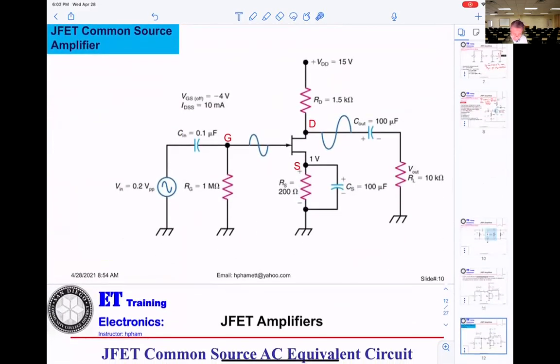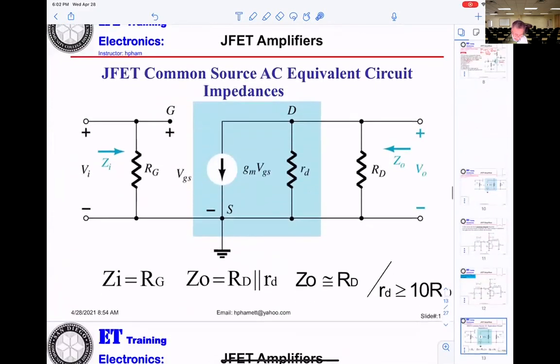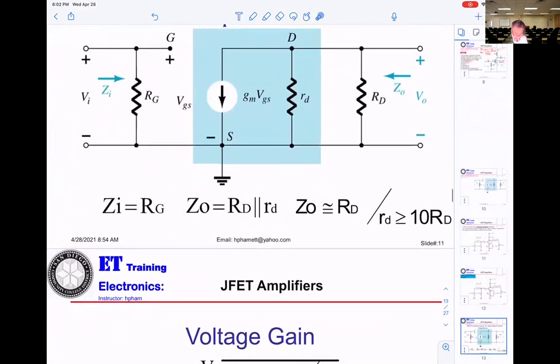Okay, so now common source again. They just give you the general formula. Input impedance equals R here. Output impedance is R big D parallel R small d.